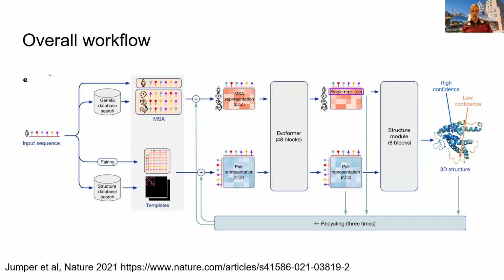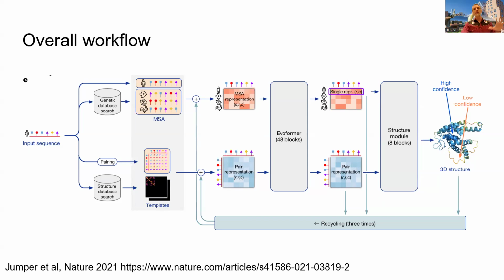Interestingly, when they tested the model without putting in the additional templates from the protein database, the model performed almost equally as well. So it may have been useful in training, but you can also run it and expect good results even if you don't feed in the template, which I think is hugely impressive.